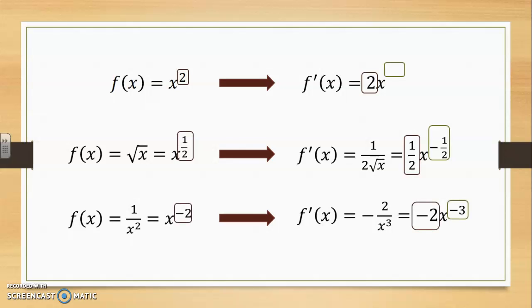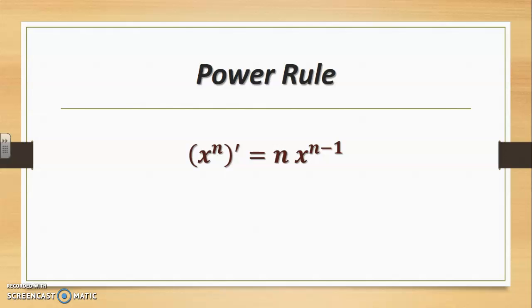The derivative of x to the minus 2 became minus 2x to the minus 3. In all of these cases, the same pattern has been repeated. The exponent has become the coefficient in the derivative, and the derivative's exponent is 1 less than it was before. This is what we call the power rule. X to the n is differentiated to give n x to the n minus 1.